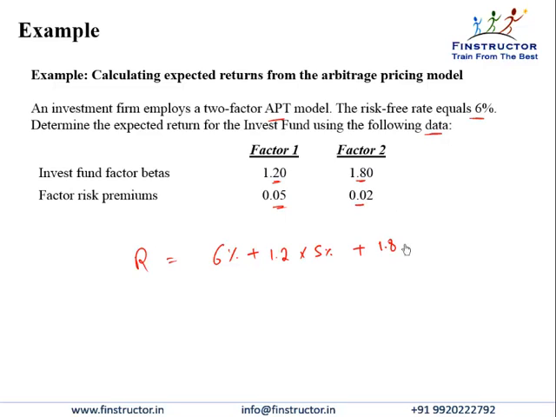Taking risk 2 should give me an additional return over and above the risk-free rate of about 2%. If I am taking 1.8 units of risk, then this is the additional return that I must earn. That will give us the return from the arbitrage pricing model as equal to 15.6%.